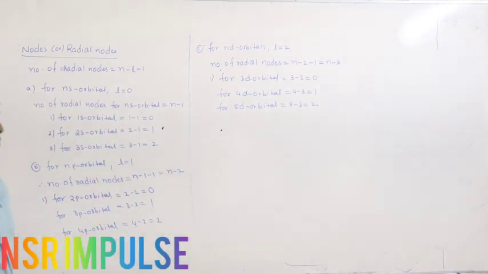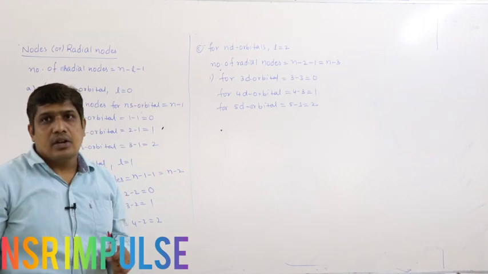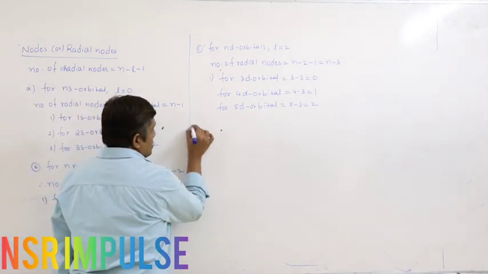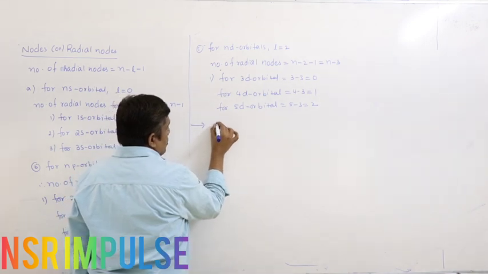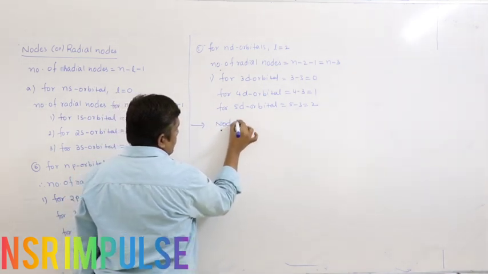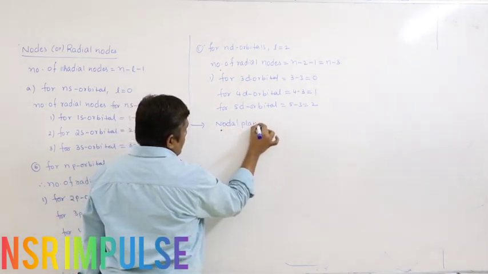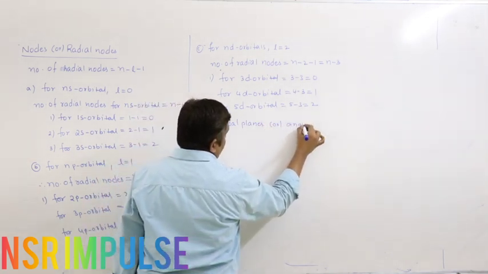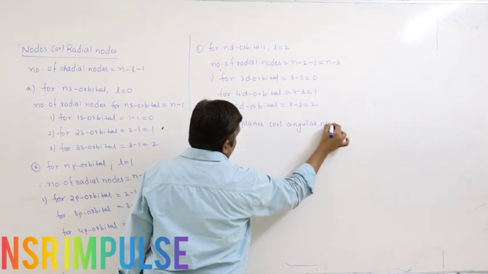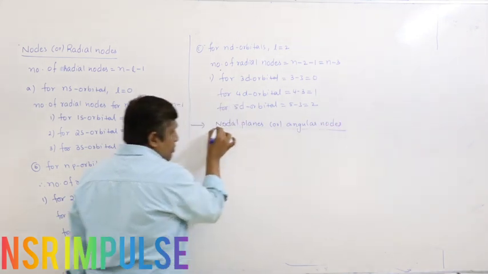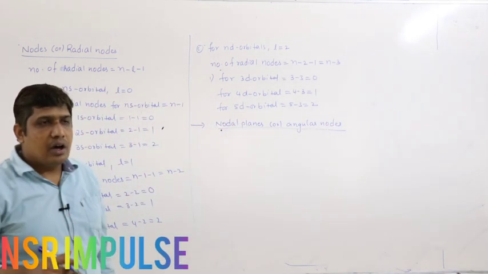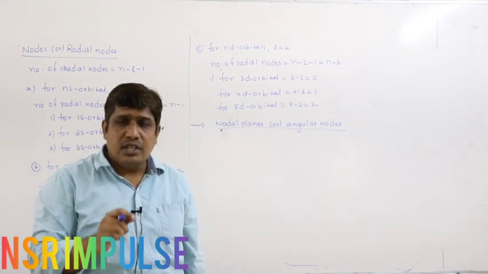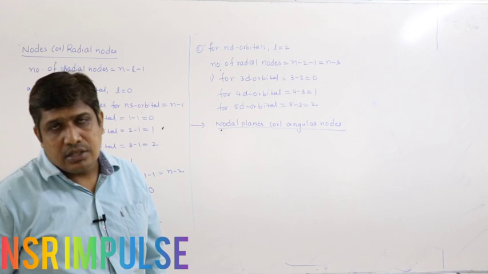It is the point where the probability of finding the electron is 0. Coming to nodal planes or angular nodes: it is the plane passing through the orbital in which the probability of finding the electron is 0.